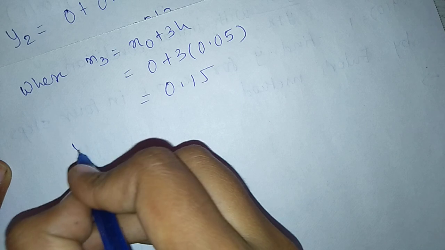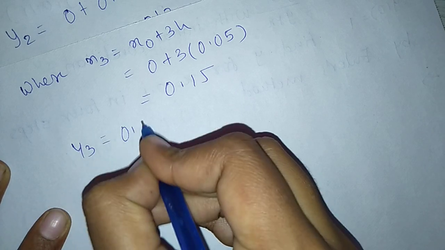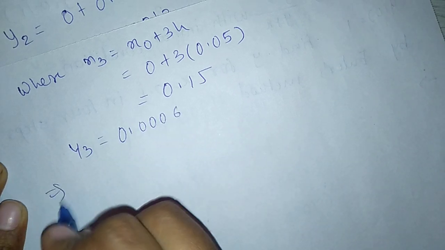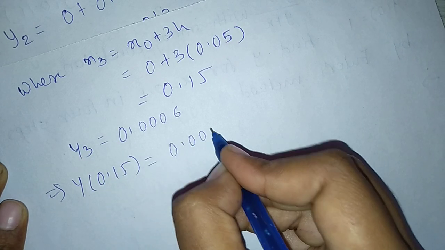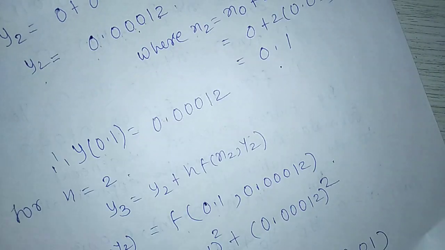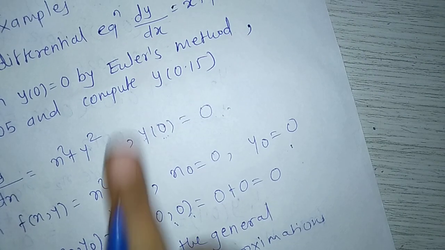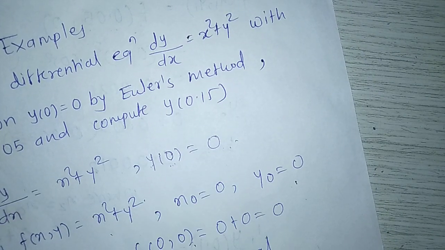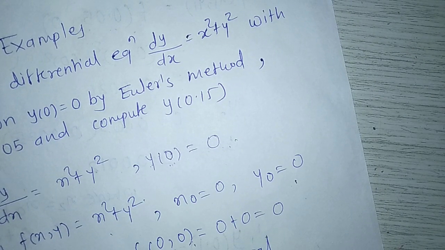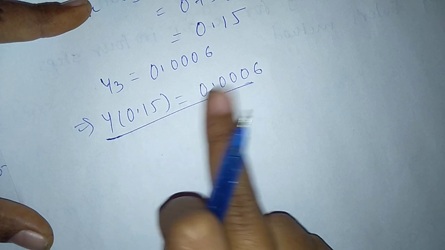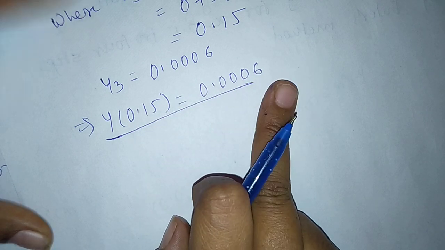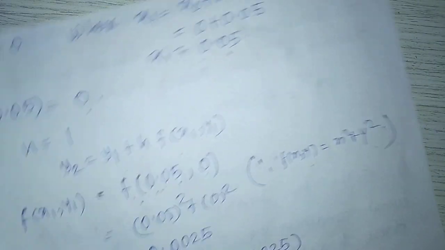So y3 equal to 0.0006, which implies y at 0.15 equal to 0.0006. Here we get y of 0.15 equal to 0.0006. Next example.